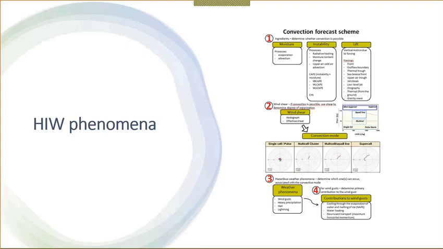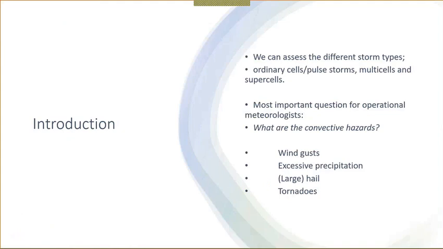Well, now I go over to a small module concerning high impact weather phenomena. I do not have the time to discuss everything, but I will especially focus on the wind gust and a little bit about excessive precipitation.